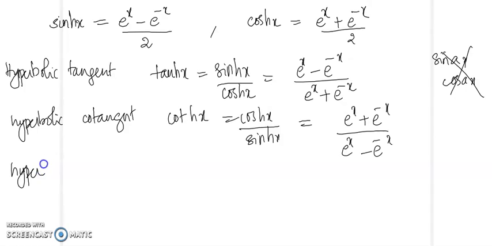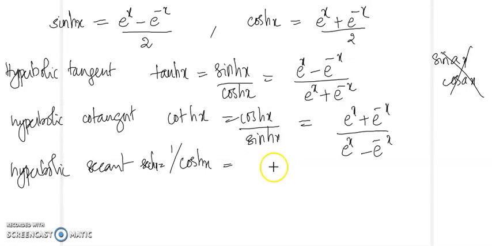So hyperbolic secant is 1 by cosh x, sorry. We denote it as sech x. So sech x is 1 by cosh x, that is 2 by (e raised to x plus e raised to minus x).